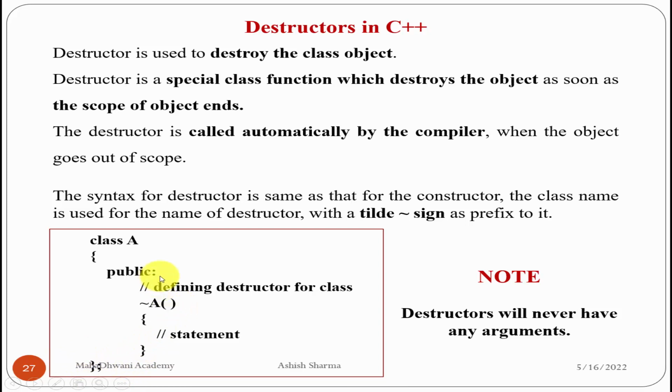Destructor should be public as the constructor is public, and destructor will not have any argument. Even though the constructor may have arguments, that does not mean the destructor should have arguments. You will not use any argument for the destructor. So we have a note here also: destructor will never have any arguments. So the destructor destroys the objects, and the constructor creates the objects.